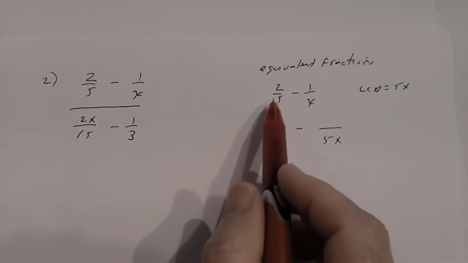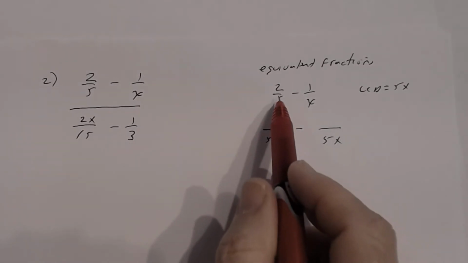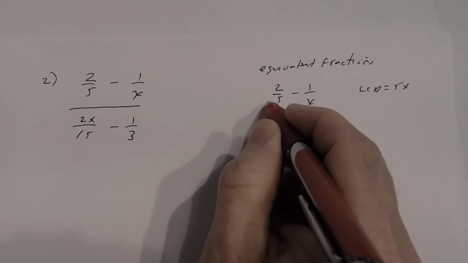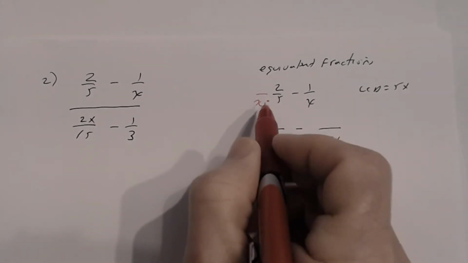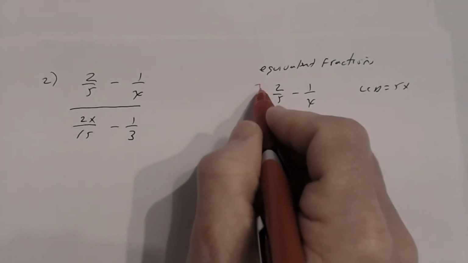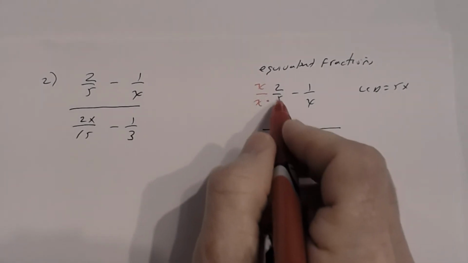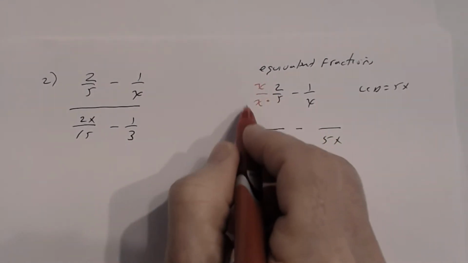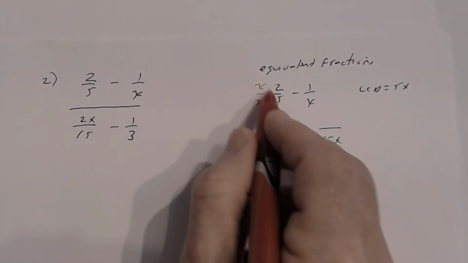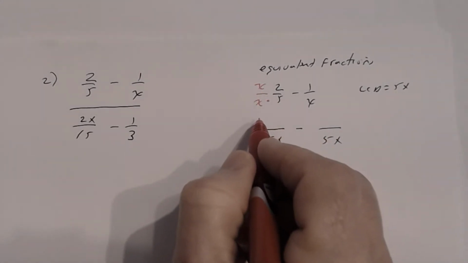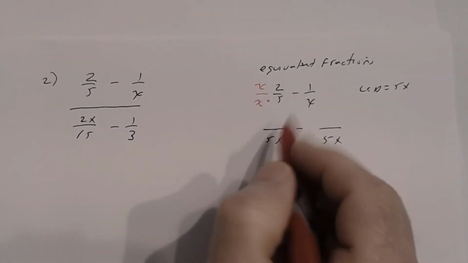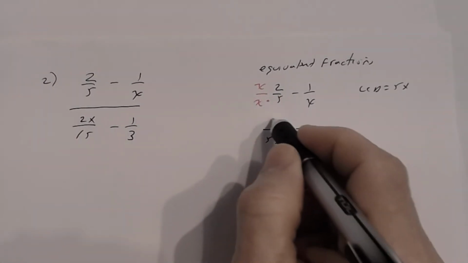I want my denominator to be 5x. So what do I need to multiply 5 by to get this denominator? Well, I need to multiply by x. But remember, what you do to the denominator, you must do to the numerator, because you got to keep 2/5 still 2/5, and x divided by x is 1. So that brings us back to our lessons when we talked about simplifying rational expressions. So now the numerator is 2 times x, which is 2x. So I'll put 2x here.